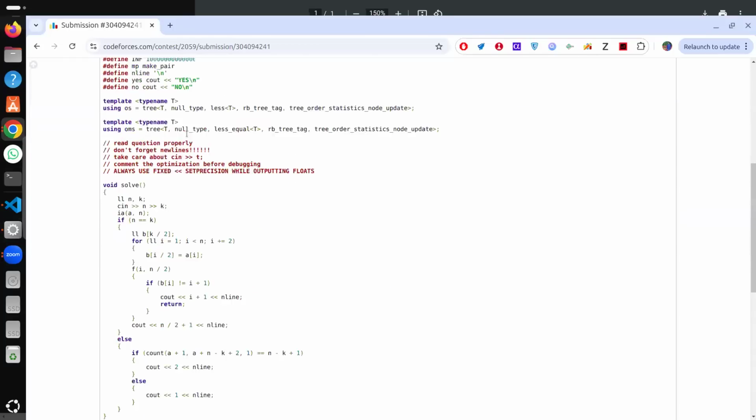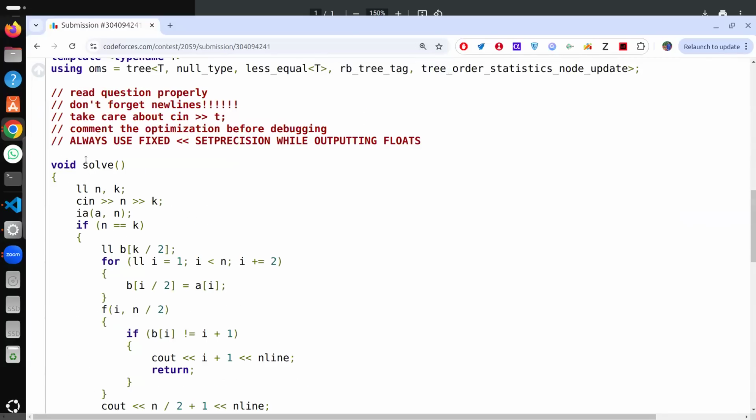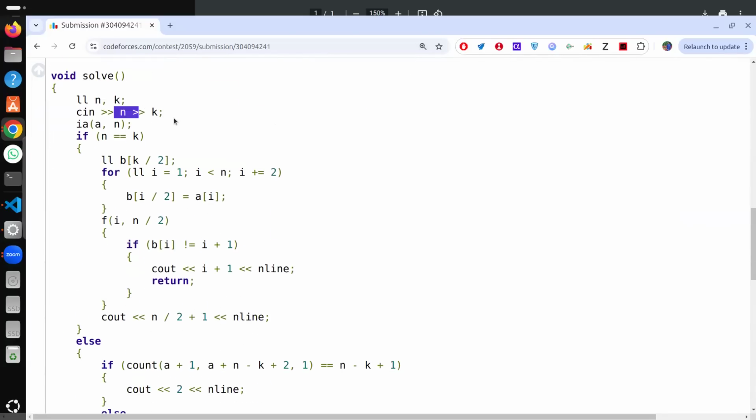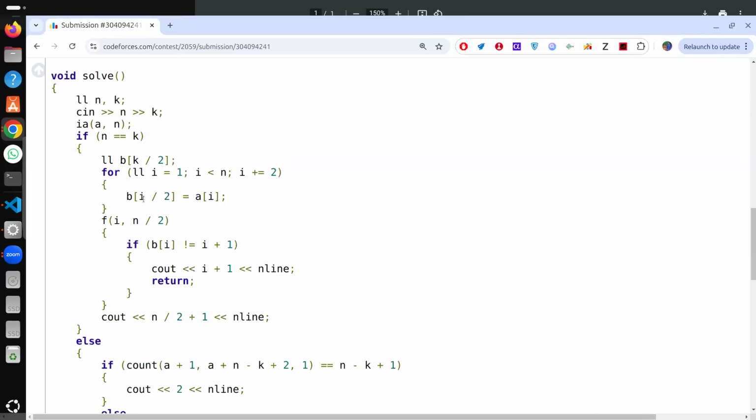So this is my code. I took the input n, k, and the array A. If n is equal to k, then I made the array B. For i equal to 1, i less than n, i plus equals 2, I am putting alternate elements of A into B. Actually, the last element is 0.